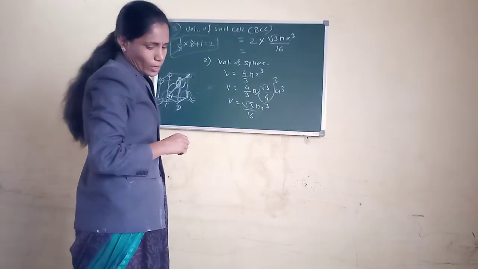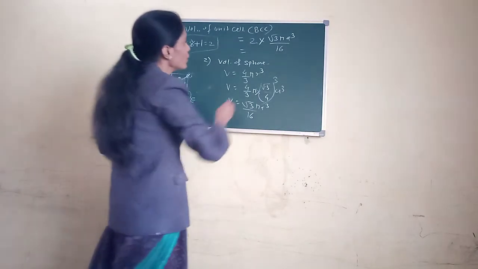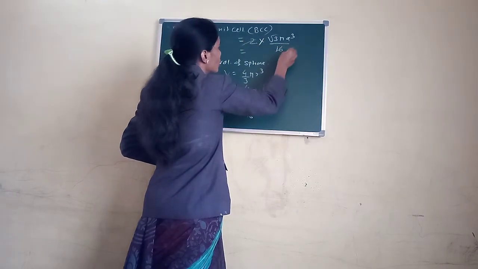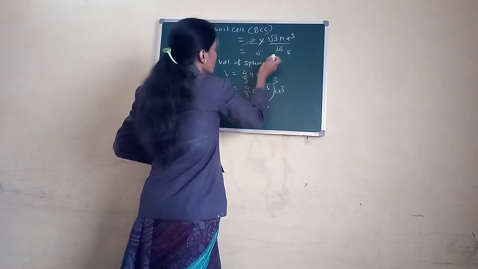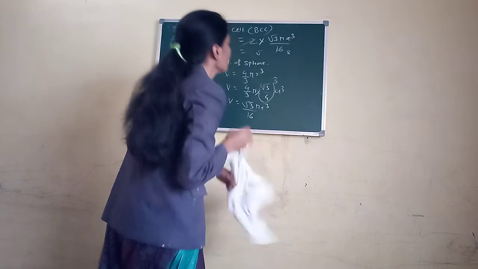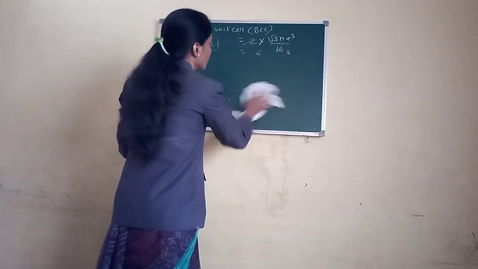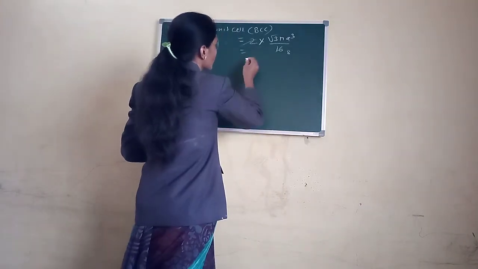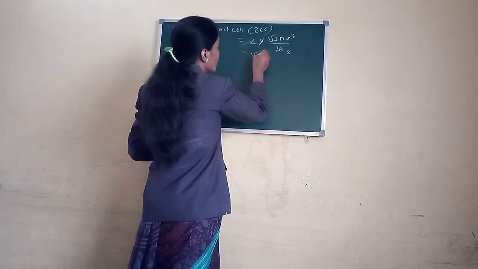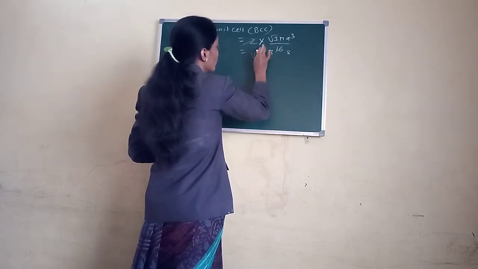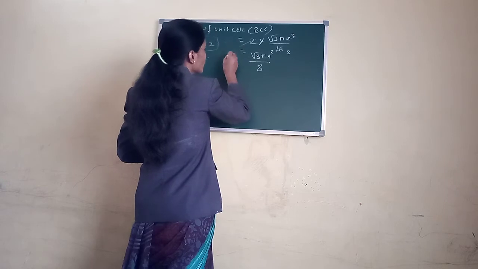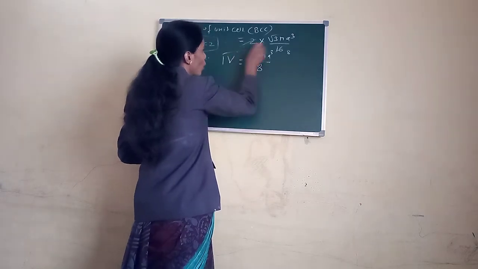Therefore the last formula here, total volume, we get under root 3 pi a cube upon 8. This is the total volume of BCC.